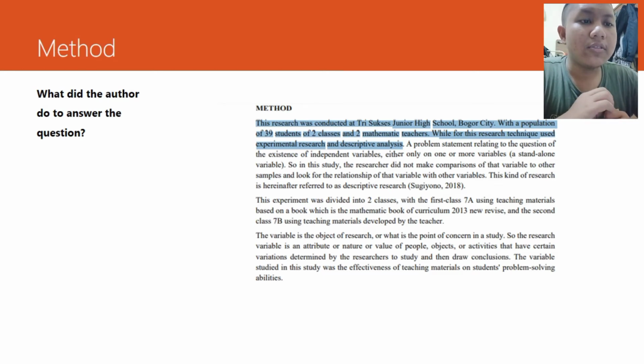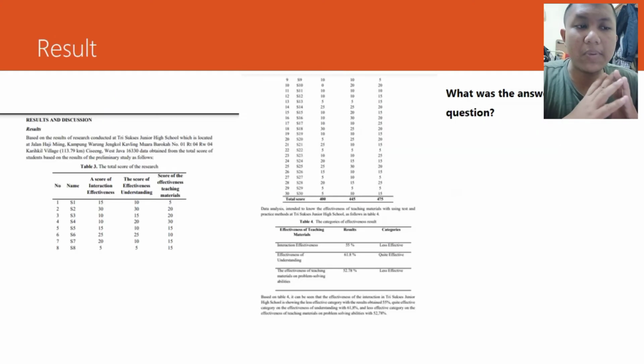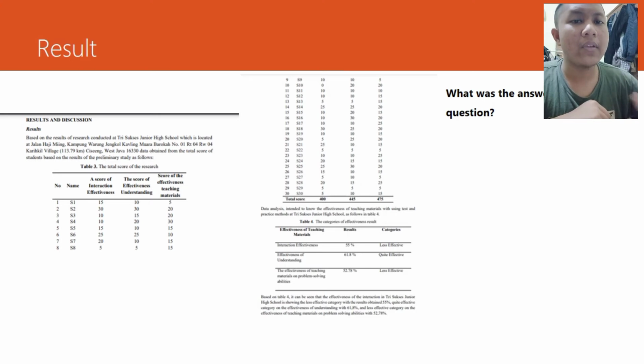The author told us that this research was conducted at 3 Success Junior High School, Bogor City, with a population of 39 students of 2 classes and 2 mathematics teachers, while the research technique used experimental research and descriptive analysis.